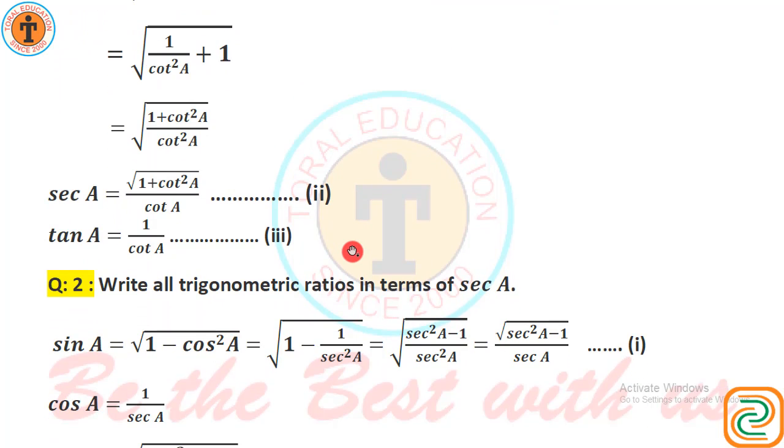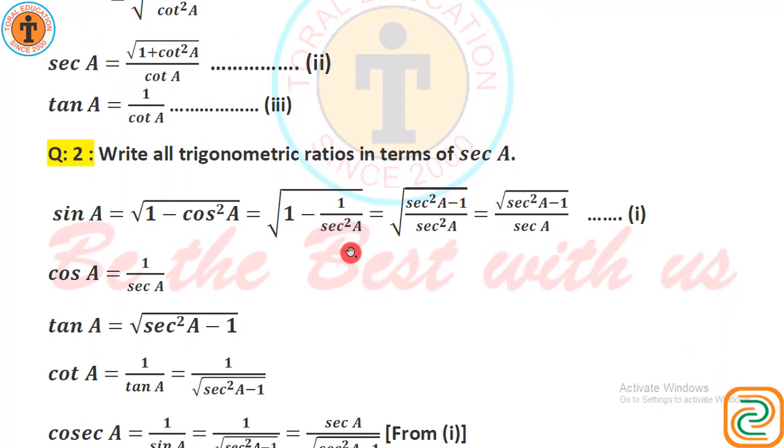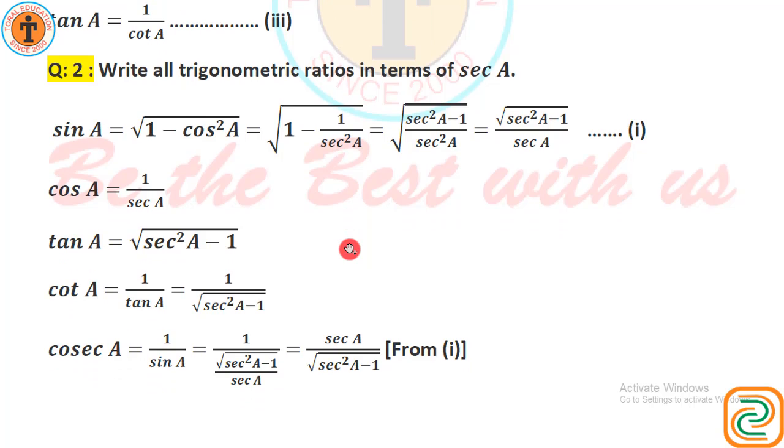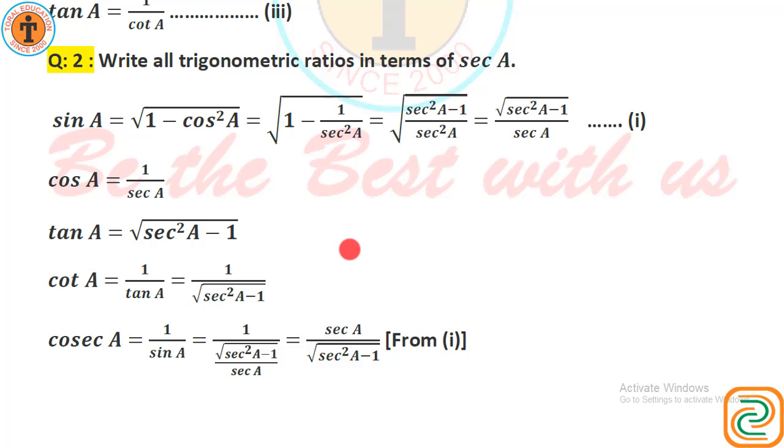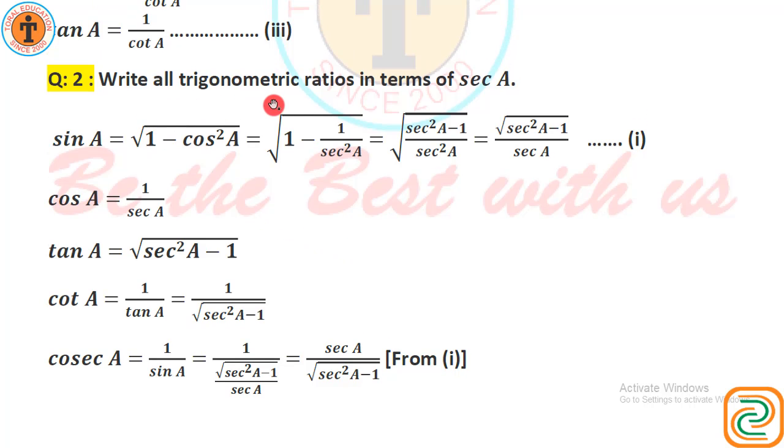Now question number 2, in which it is given: write all trigonometric ratios in terms of sec A. All trigonometric ratios, that means sin A, cos A, cot A, tan A, cosec A, all should be converted into sec A. So we should convert these 5 ratios into sec A. Let's see.